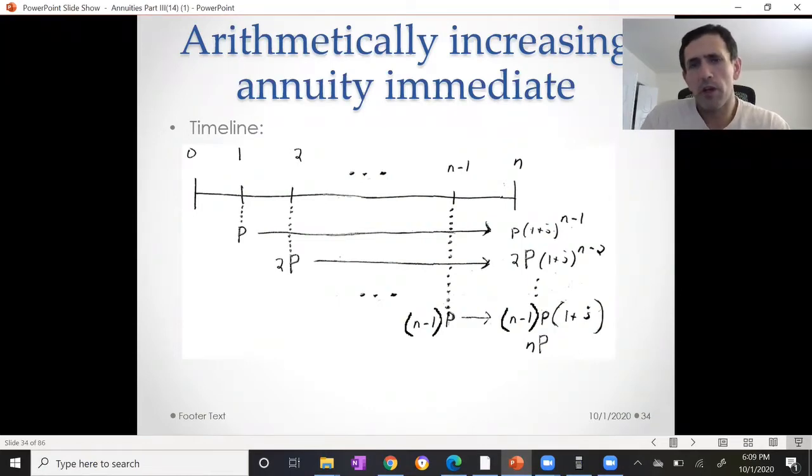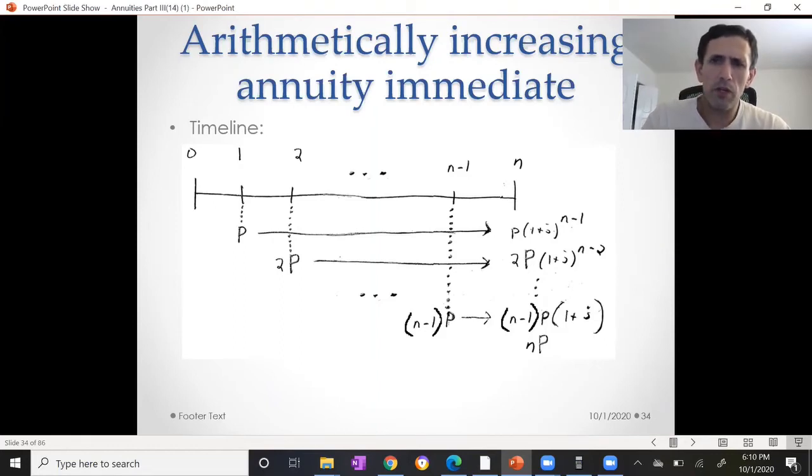For the third payment, it would be 3P, accruing n−3 periods of interest, so 3P(1+j)^(n−3). Keep going. The payment (n−1)P accrues 1 period of interest, and finally nP accrues no periods of interest.